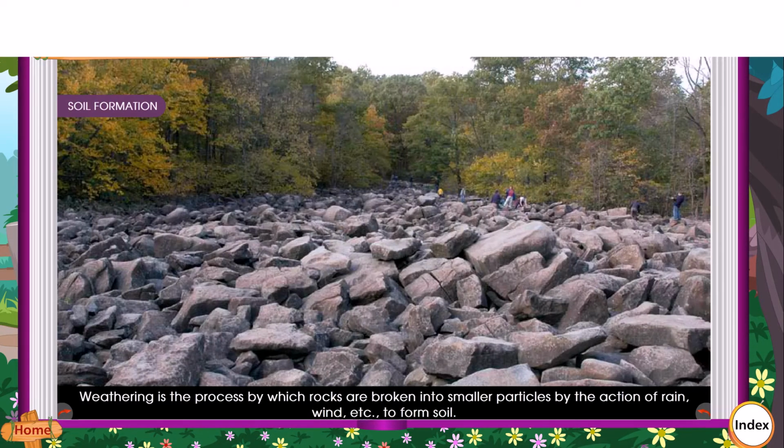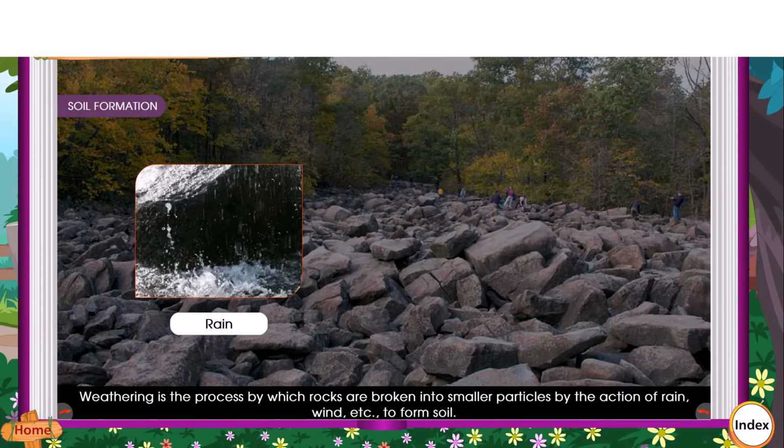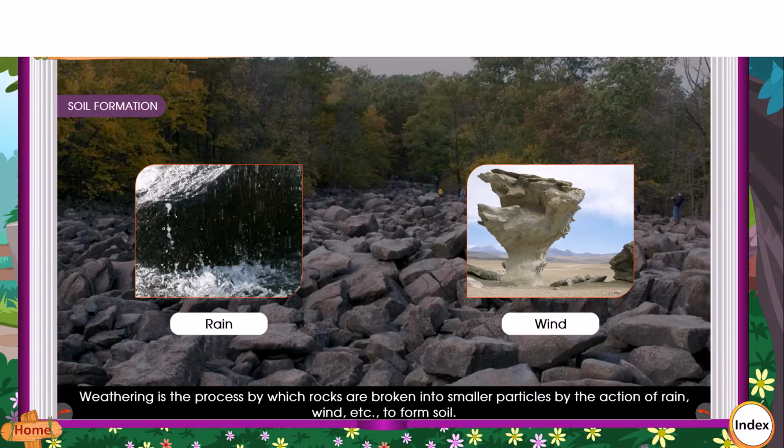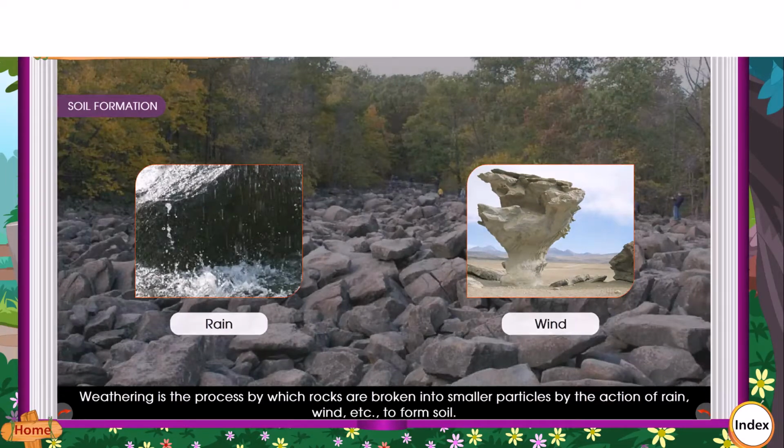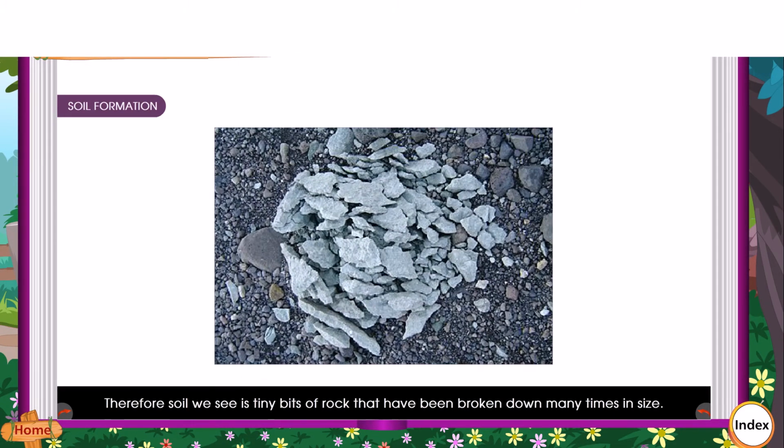Weathering is the process by which rocks are broken into smaller particles by the action of rain, wind, etc. to form soil. Therefore, the soil we see is tiny bits of rock that have been broken down many times in size.